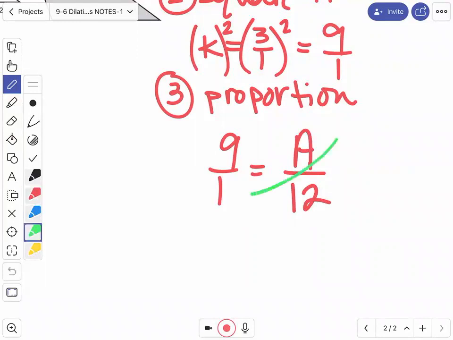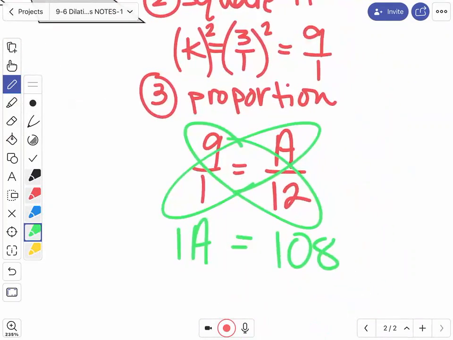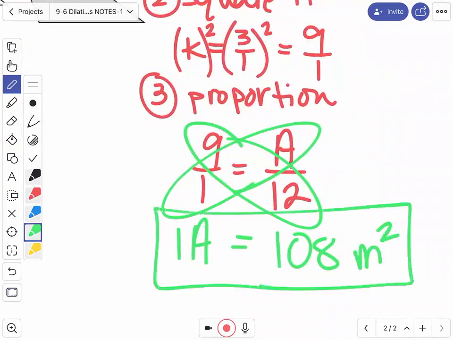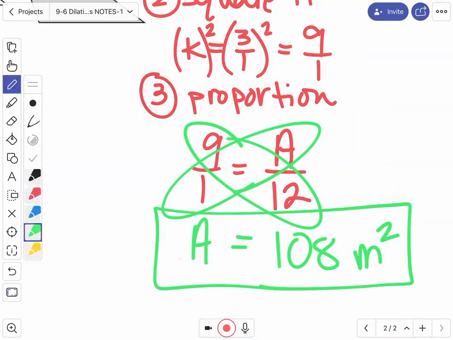So cross multiply again. 1 times A, 1A. 9 times 12, 108. And this time we were in meters squared. And there is my total area for the new figure. Now we don't need the 1 in front of this A, so I am going to just erase the 1 there. But that is, again, how we find our area.